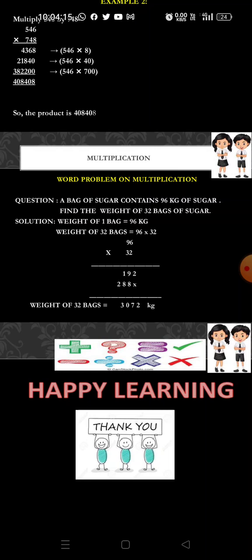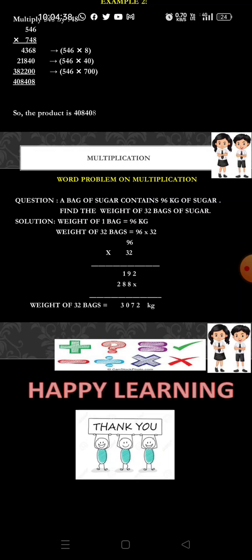So this becomes 288. Now we'll add them, 192 and 2880. On adding them we'll get 3072. So the weight of 32 bags is 3072 kg.